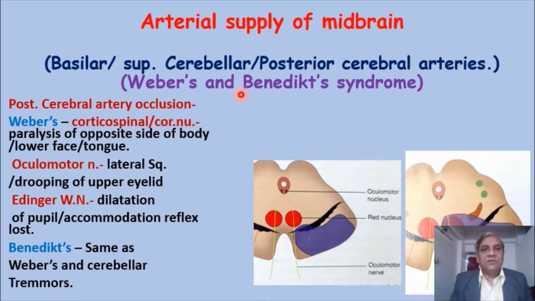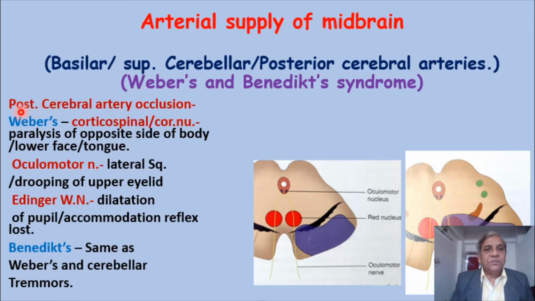Now if these arteries are blocked, or if there is some hemorrhage, because of this blockage of artery, for example a cerebrovascular accident, a syndrome will take place, which is called Weber's and Benedikt's syndrome. Two different syndromes will take place.